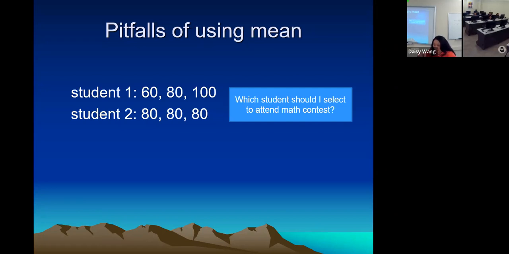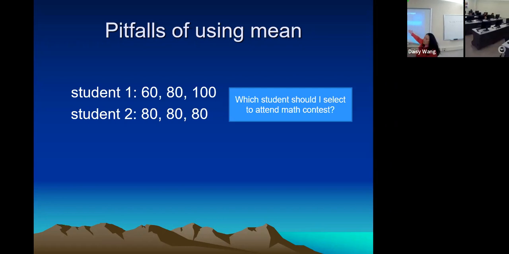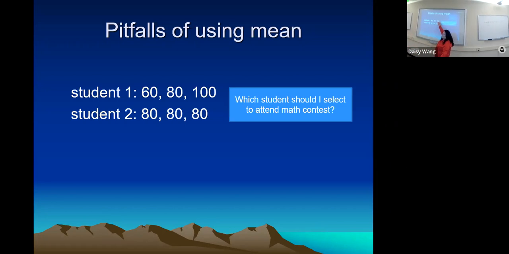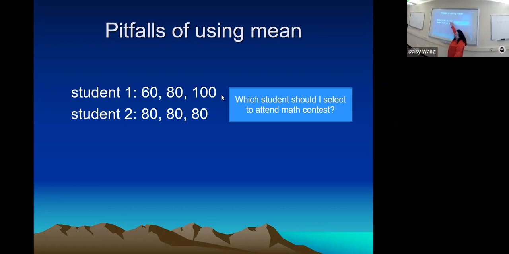So it depends. But this shows us that when we just look at the average, it doesn't really explain a lot. Sometimes that's the pitfall of the average, because they all have the same average, but this one is more consistent, and this one has more potential to succeed and potential to fail, both.